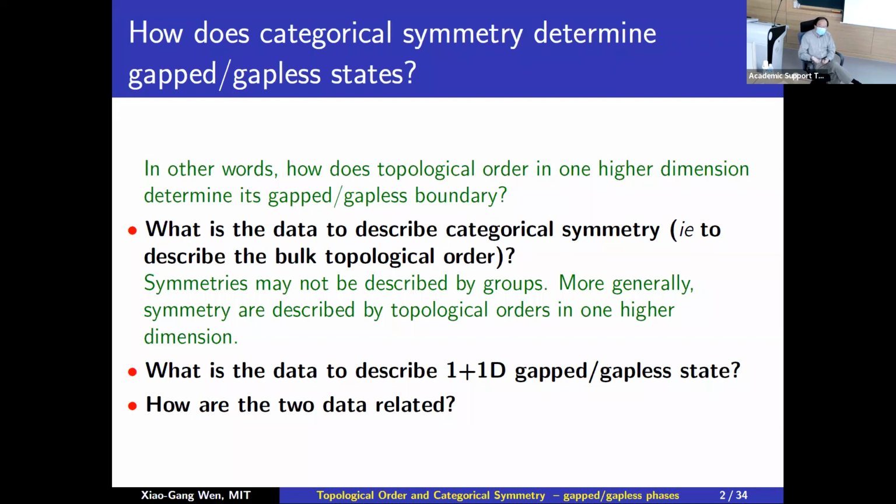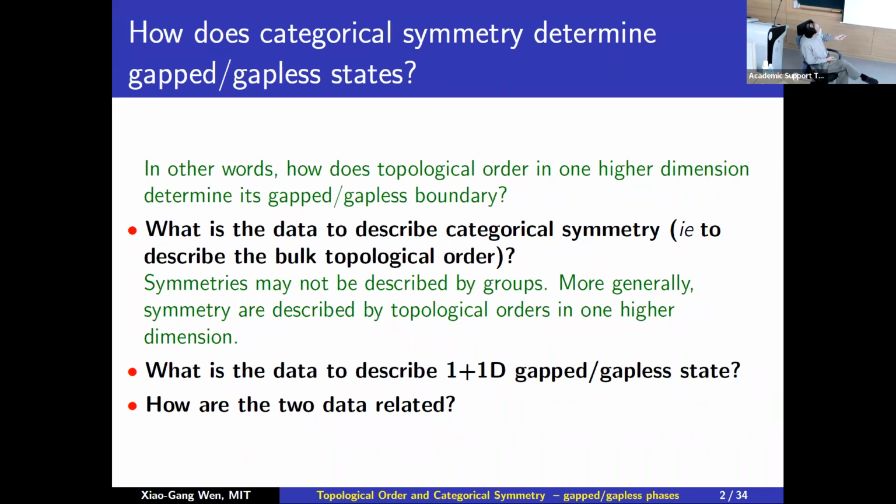But the emergent symmetry is very, very rich. It's much richer than the ordinary symmetry, the ordinary higher symmetry, and such. But somehow the topological order in one higher dimension also becomes kind of a universal covering description. So maybe all the emergent symmetry is covered in this formalism, using topological order in the bulk to describe symmetry. That probably can cover all the possible emergent symmetry. So this program may have some chance to succeed.